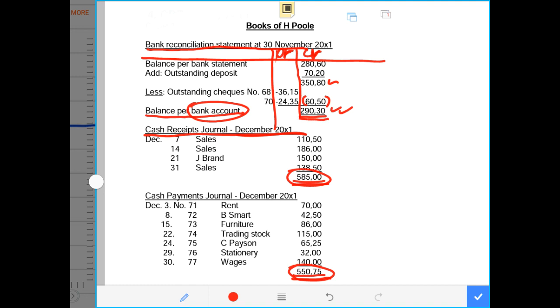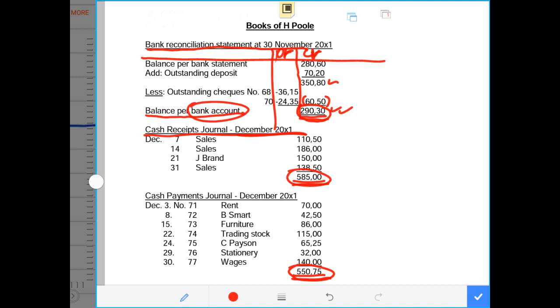And please be mindful that the bank reconciliation statement is recorded from the perspective of the bank statement. Remember, a bank statement is done by the bank that we bank with. So now, if they are showing a credit balance, it means they are owing us money, meaning it's an asset on our side.